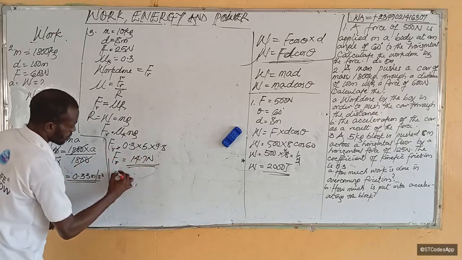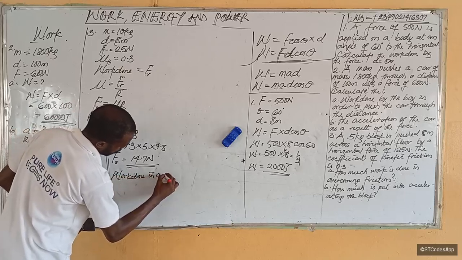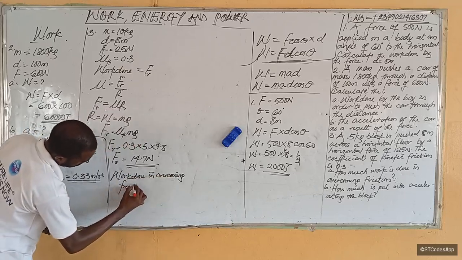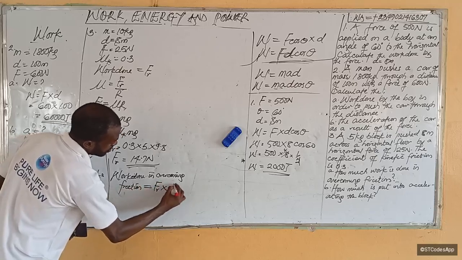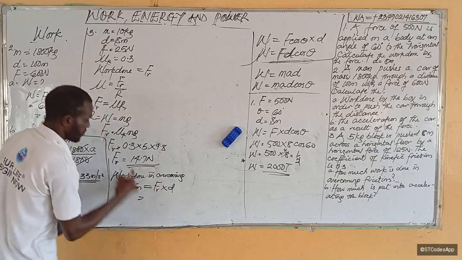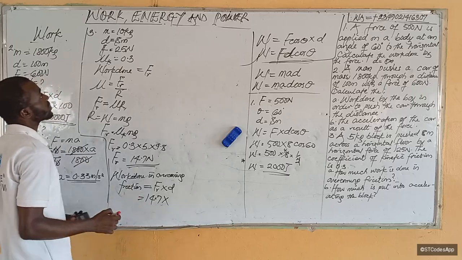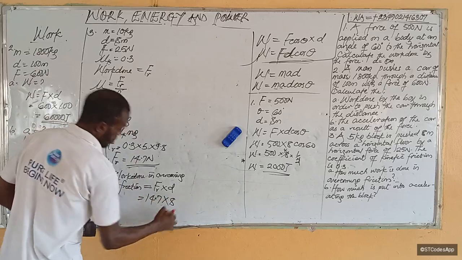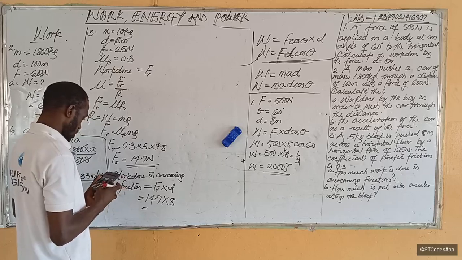So what will be the work done in overcoming friction? Work done in overcoming friction is going to be the product of the frictional force times the distance the body moved. What's the frictional force? 14.7 times the distance d is 8 meters. So that becomes times 8.